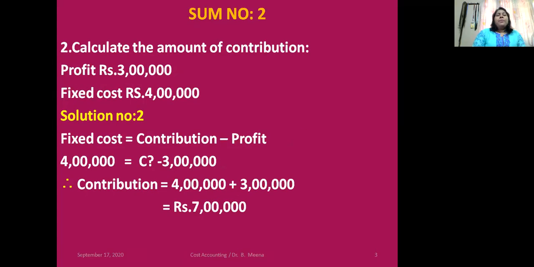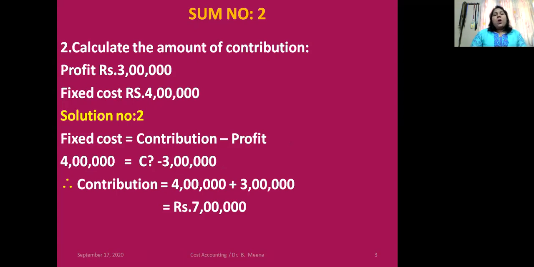The next problem: calculate the amount of contribution, but the information available is different. Profit is rupees 3 lakhs, fixed cost is rupees 4 lakhs. When we have fixed cost and profit, how to calculate the contribution? Just recall the marginal cost statement.